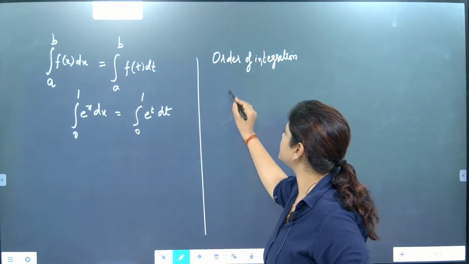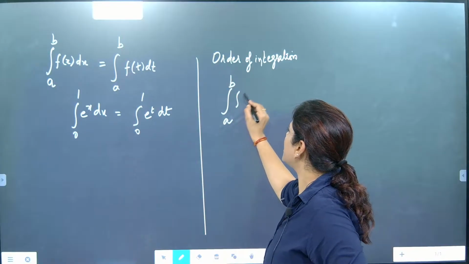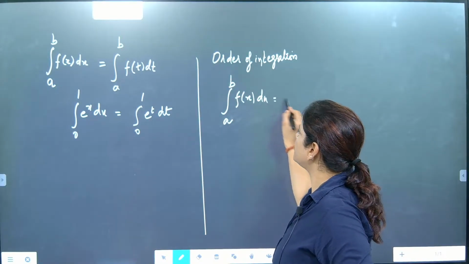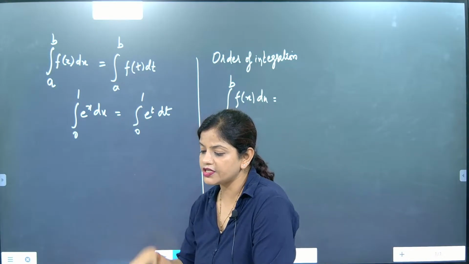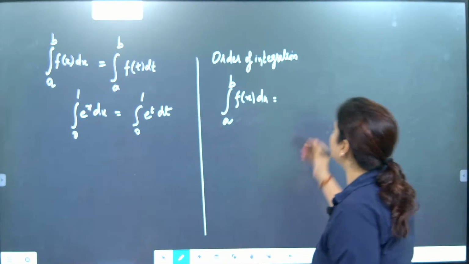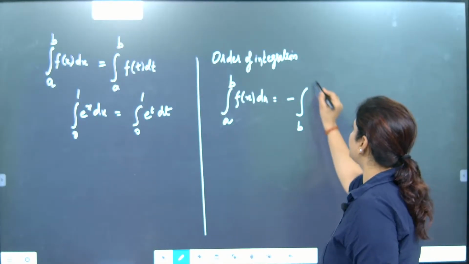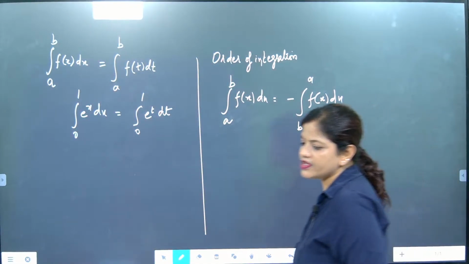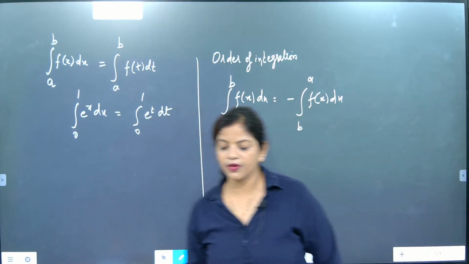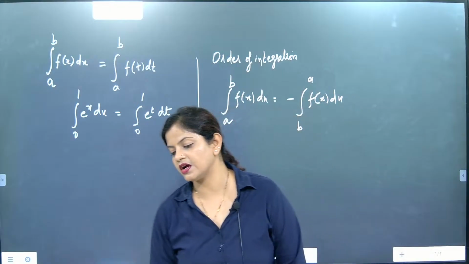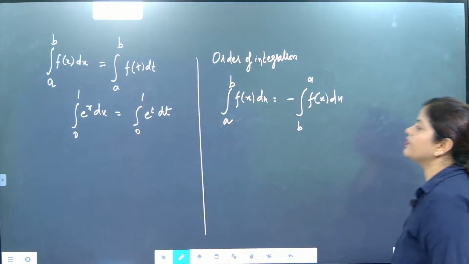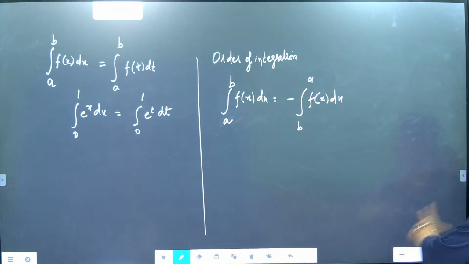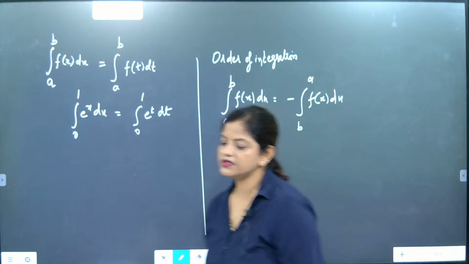If you start with a to b, f of x dx, and now you exchange the lower limit and upper limit, then it will be awarded a minus. It will become b to a f of x dx. Only one important thing is done, and that is the minus comes outside. Understood?